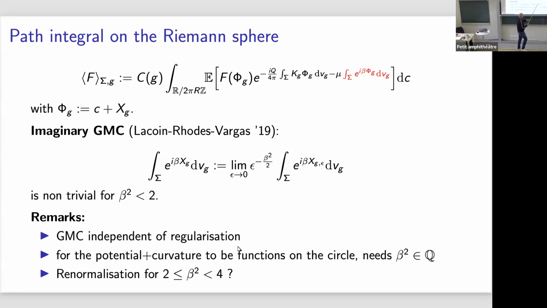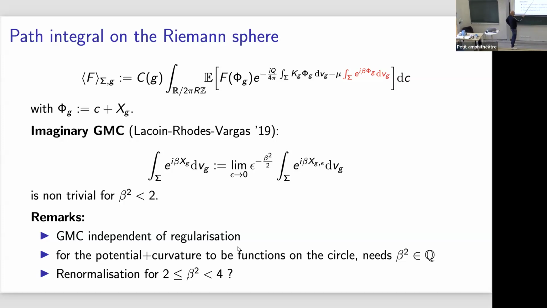I won't explain this term, but the potential here is called the imaginary chaos. It's the same philosophy as before, but instead of having a parameter gamma that is real, you take it complex. The phase diagram for this model is a bit different, but you can still do it with probabilistic techniques, and it gives you a constraint on the parameter, that beta squared is small enough.